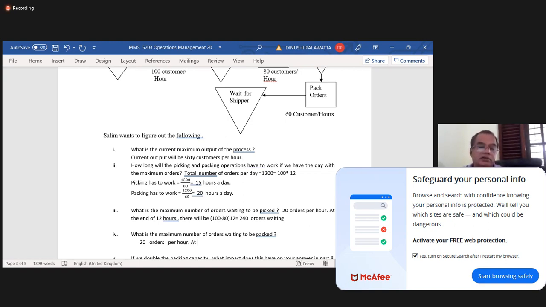At 7 p.m. there will be 240 orders in front of the packing operation.